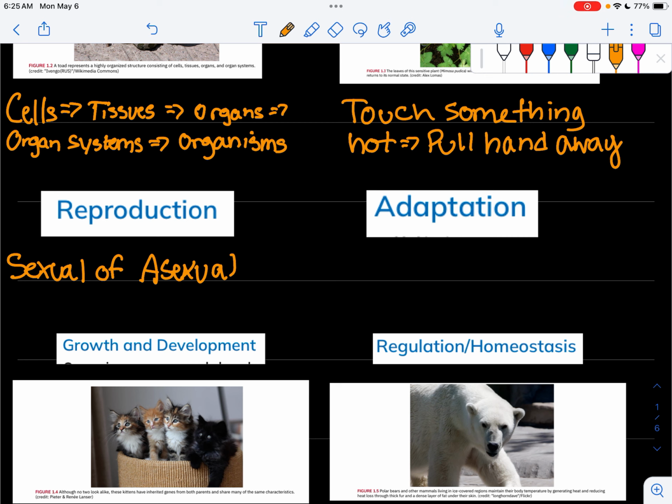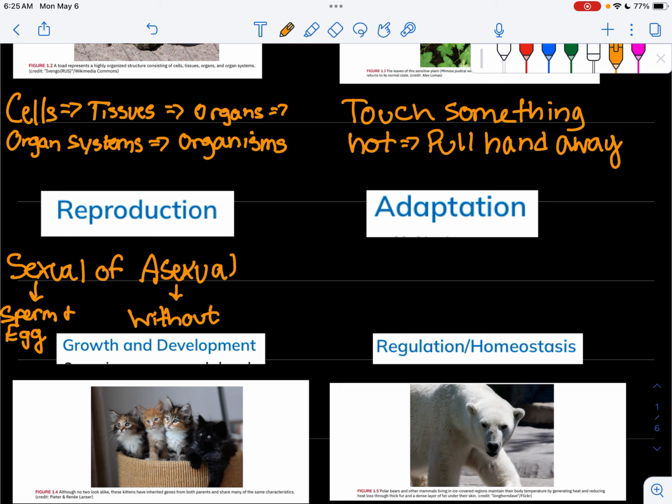Sexual meaning with the use of gametes. So this is sperm and egg. Asexual is without those. So reproduction, either sexual or asexual.